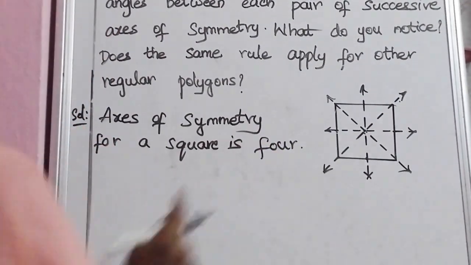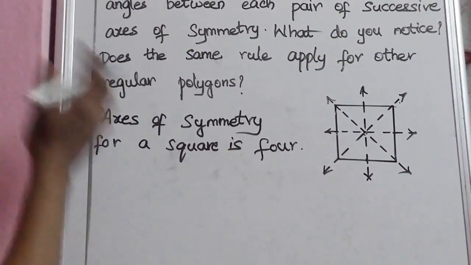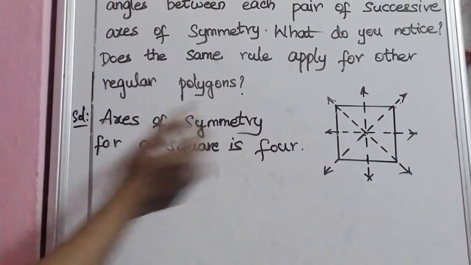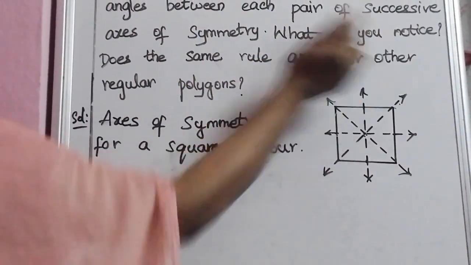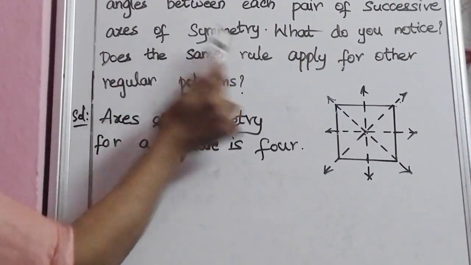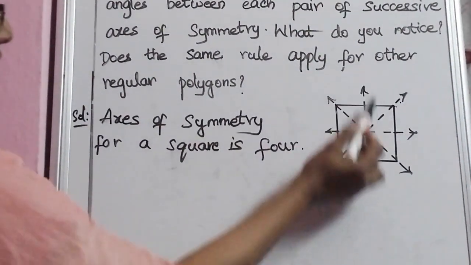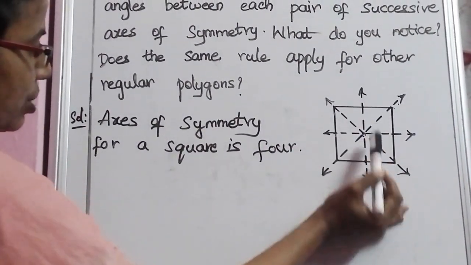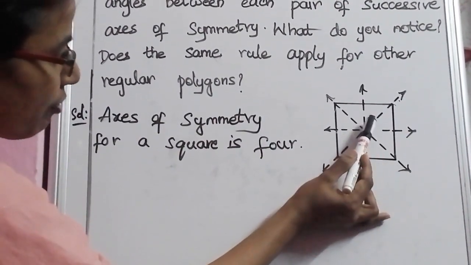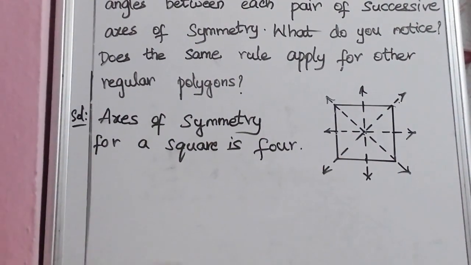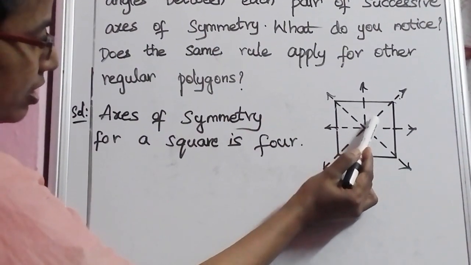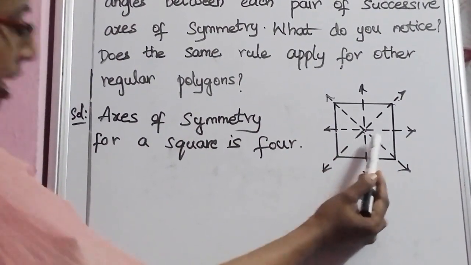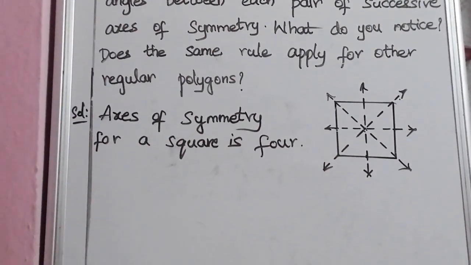So you have 4 lines of symmetry. Now let us read the next part. Measure the angles between each pair of successive axes of symmetry. So here these are the axes of symmetry and you have to measure this angle. Successive means one after the other.